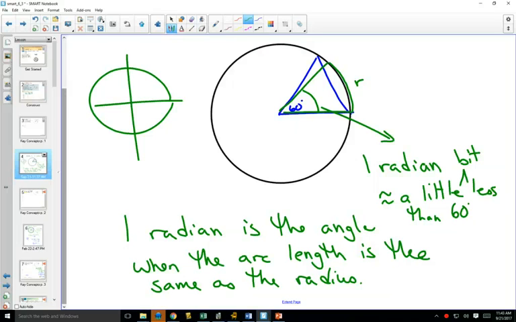So if that arc length is the same as the radius, we call that 1 radian.